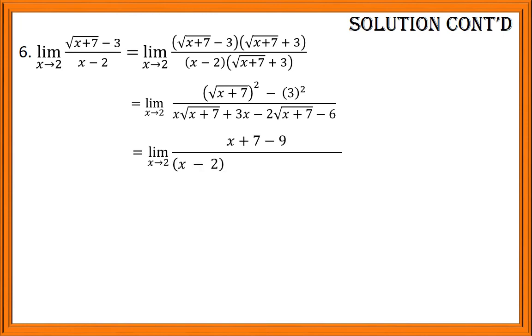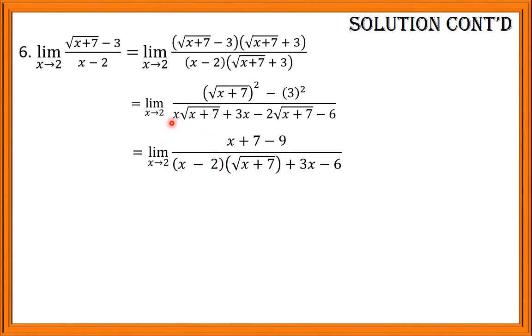This will now be equal to the limit of x plus 7 minus 9. That is, the square will cancel the square root, leaving x plus 7 minus 3 squared, which is 9, over x minus 2.